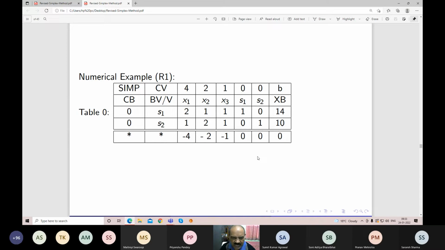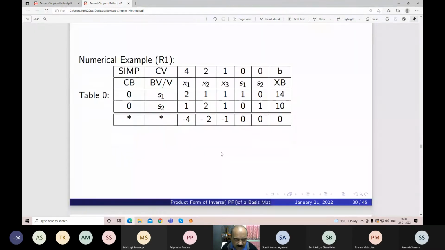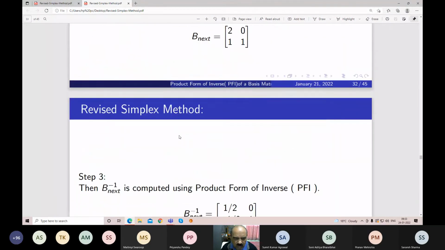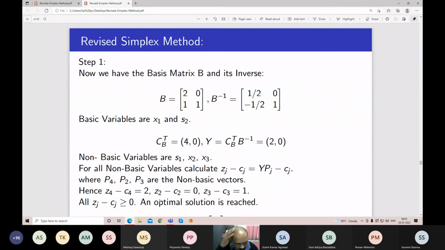In this problem itself, I will tell you. We have got Z2 minus C2 equal to 0. With respect to 0, our conclusion is there is an alternate optimal solution.